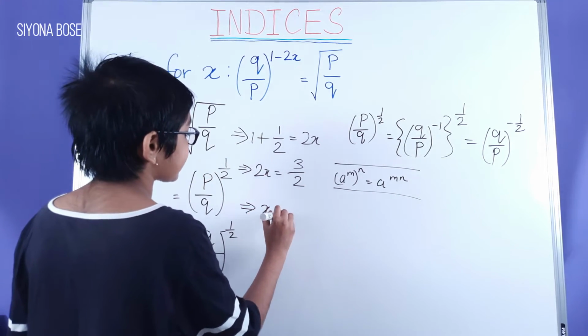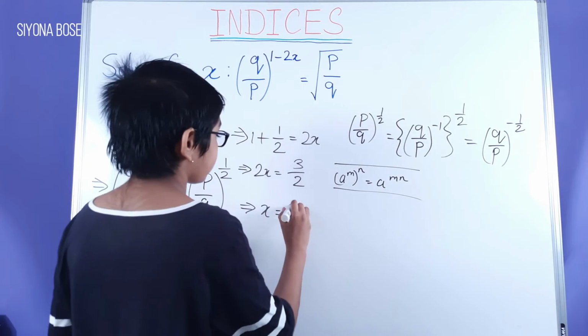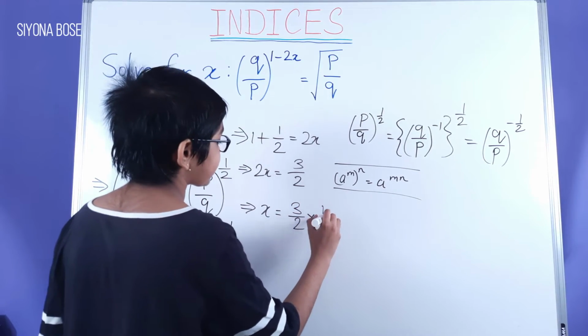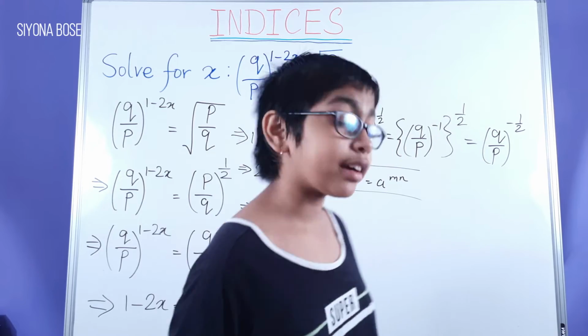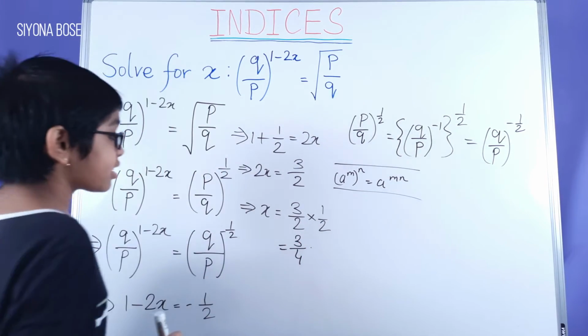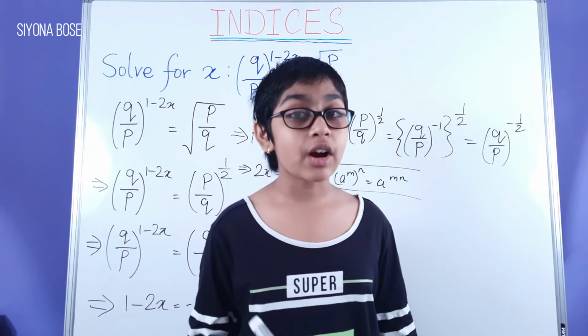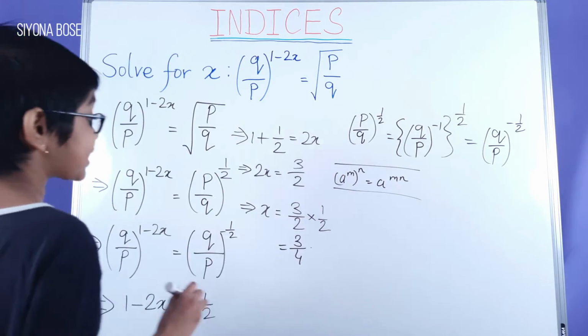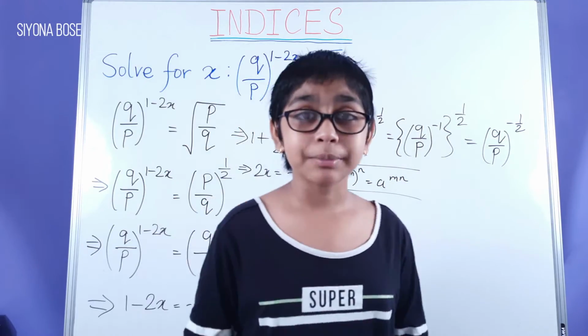Which gives us x = 3/2 into 1/2. We take the 2 down over here on this side, and then we get 3/4. So we have solved for x, and our final answer is x = 3/4.